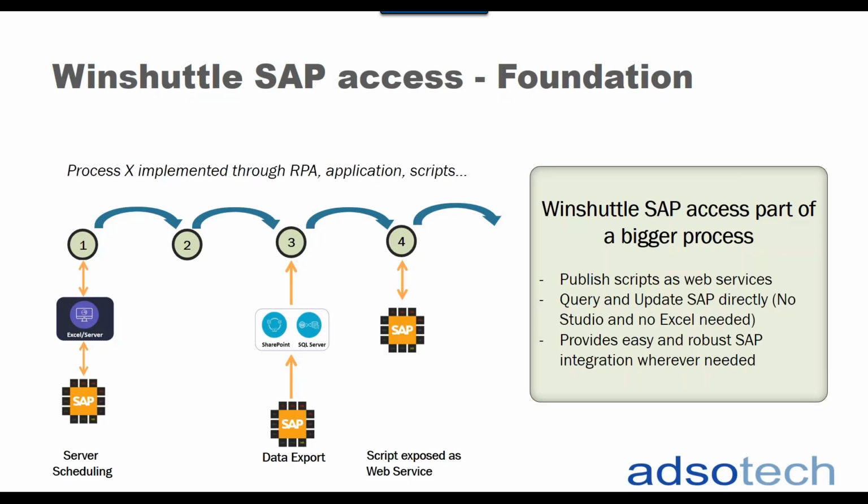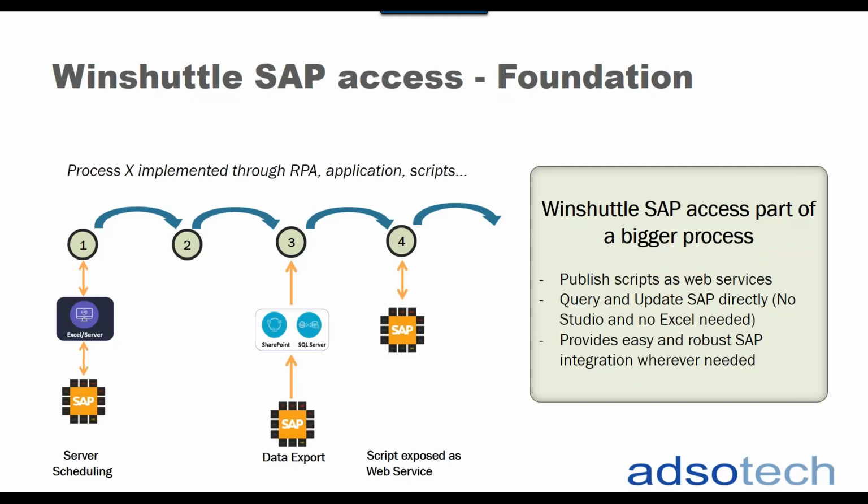This is quite important, because you can then benefit from the Winshuttle goodies, where you can record all kinds of transactions or make queries. You can join several tables and define queries, and then very simply make it into a web service.